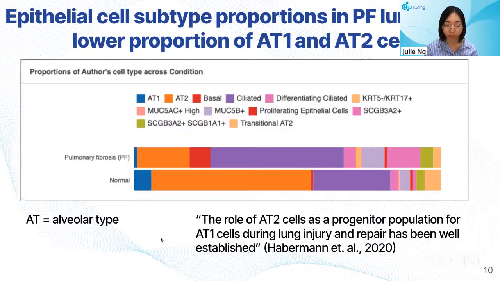tissue. And within the paper, the authors also mentioned that the role of AT2 cells as a progenitor population for AT1 cells during lung injury and repair has been well established. So, given that statement, we also wanted to dive into that analysis by using pseudo-time analysis on bbrowserX Pro.